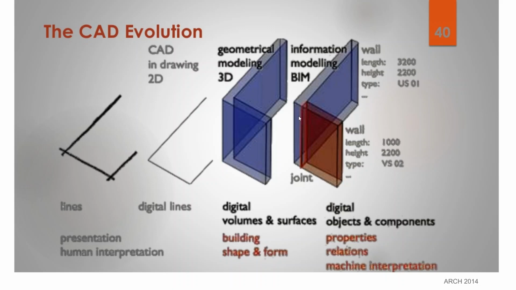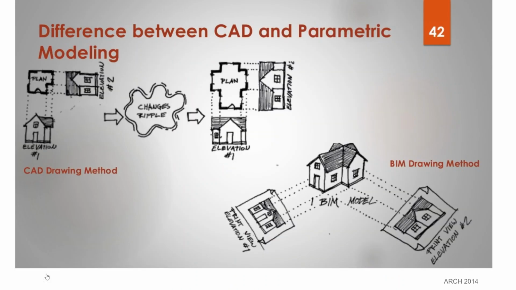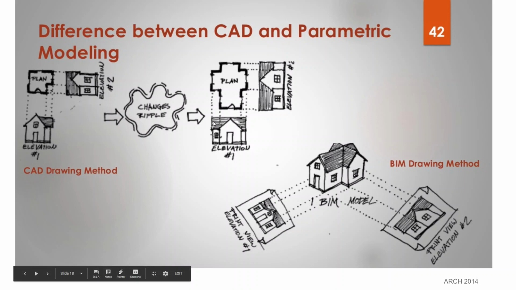So this idea of parametric modeling. In this case, the red wall and the purple wall are related to each other by a joint. If I move this wall, that wall will go along with it, and that'll become a little clearer as we move along. So this is a little maybe difficult to understand graphic here. I'll walk us through it.